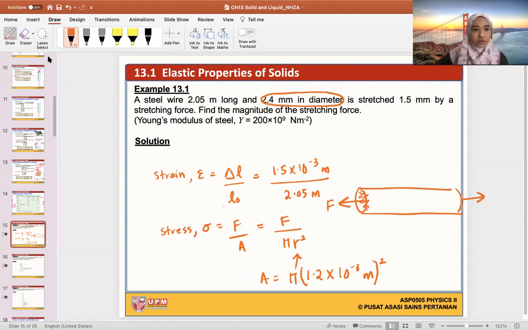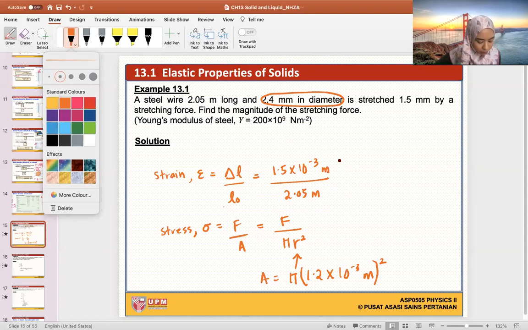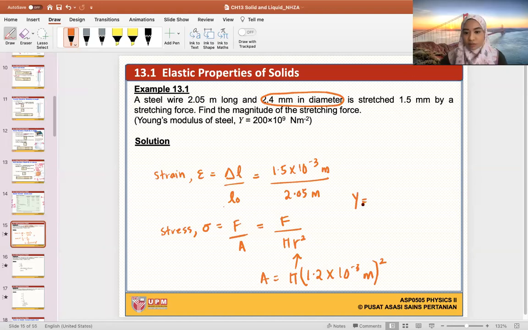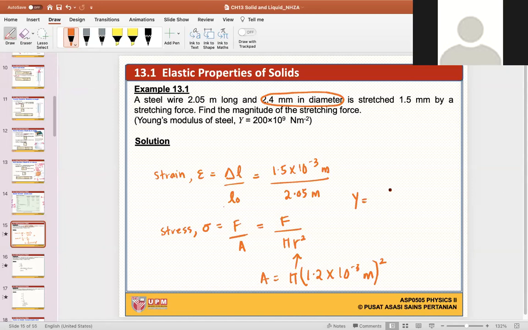Now let's put it into an equation to find out the force. So here, is Nick here? Yes. Okay. Can you give me the equation to find Young's modulus? Tensile stress over tensile strain. So it's force times initial length.